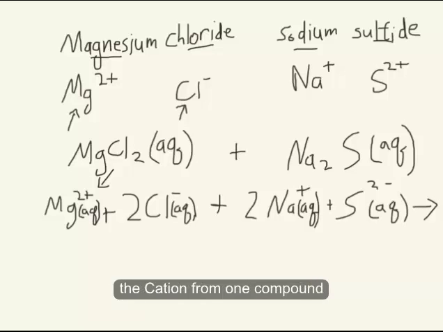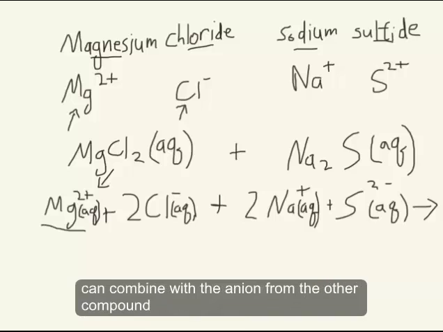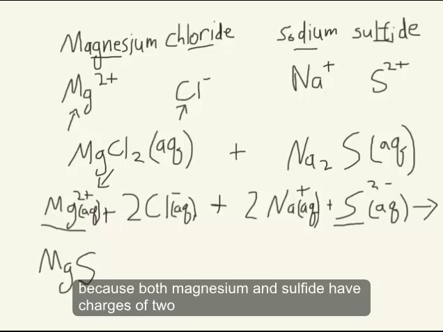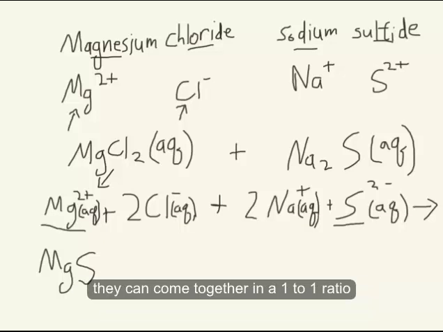The cation from one compound can combine with the anion from the other compound. Because both magnesium and sulfide have 2 charges, they can come together in a 1-to-1 ratio.